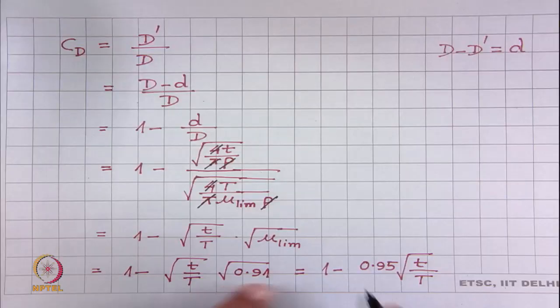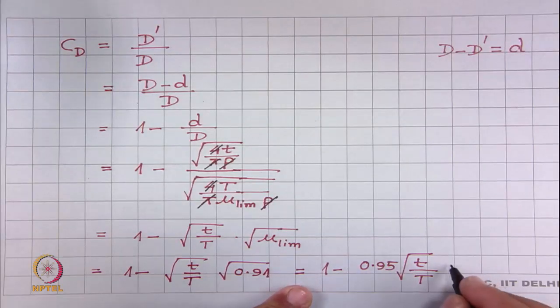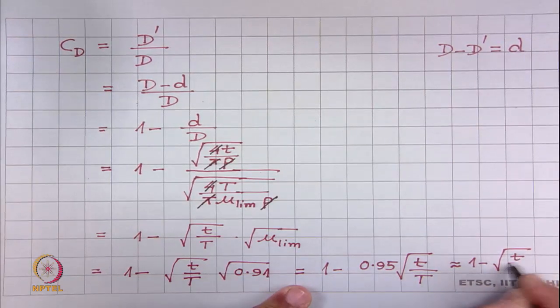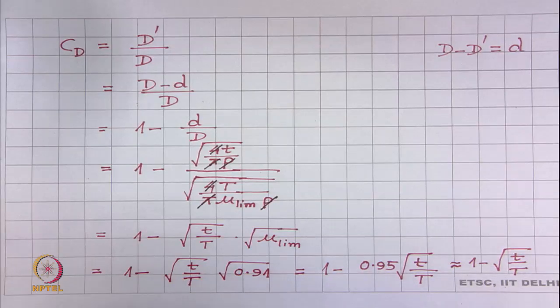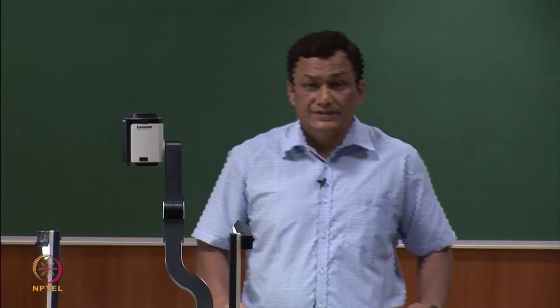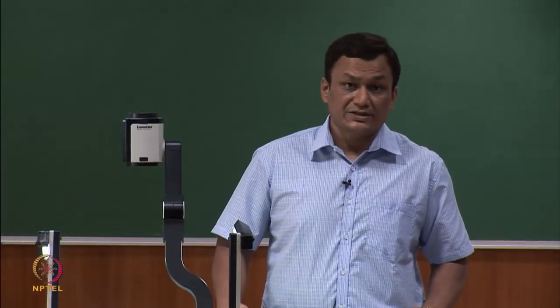However, this 0.95 is very close to 1. So, we can write this expression as 1 minus the square root of small t by capital T. This is the expression for Schwarz constant in case of theoretical limit structure.